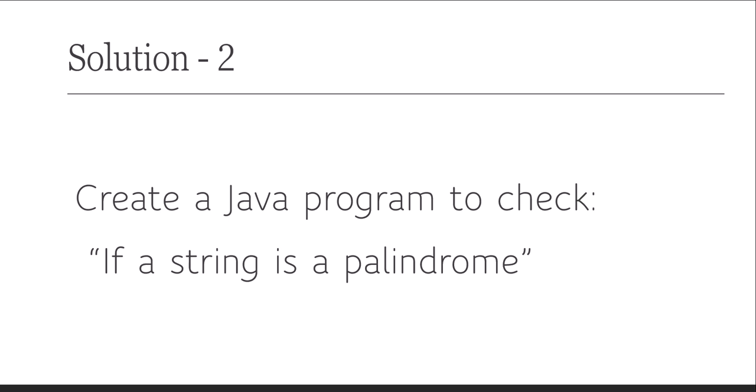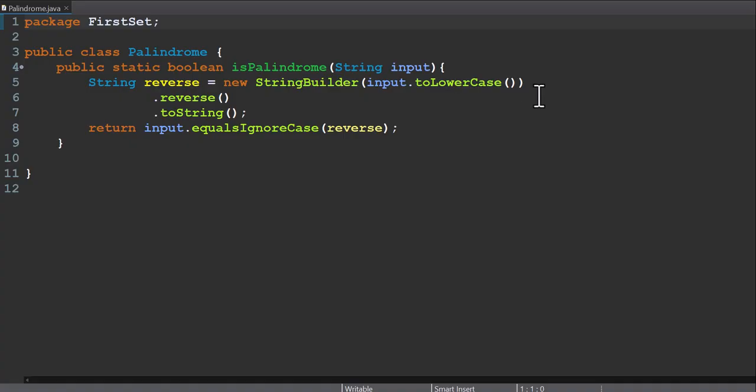So the solution for checking if a string is a palindrome is this. Here I have declared a static function which returns a boolean value, and I am giving the input. I'm checking this particular string whether it is a palindrome or not.